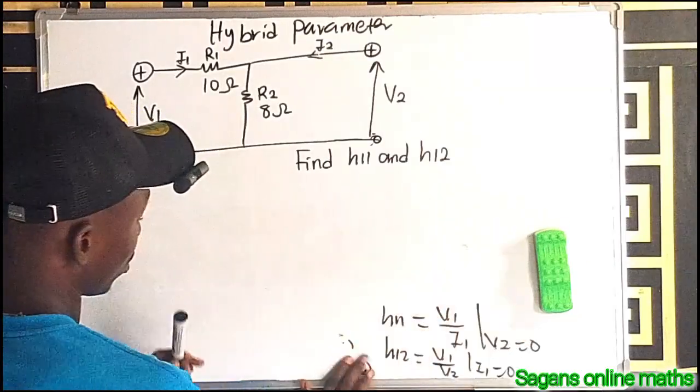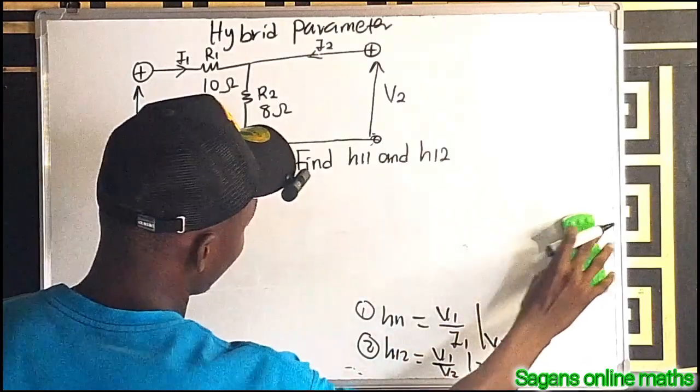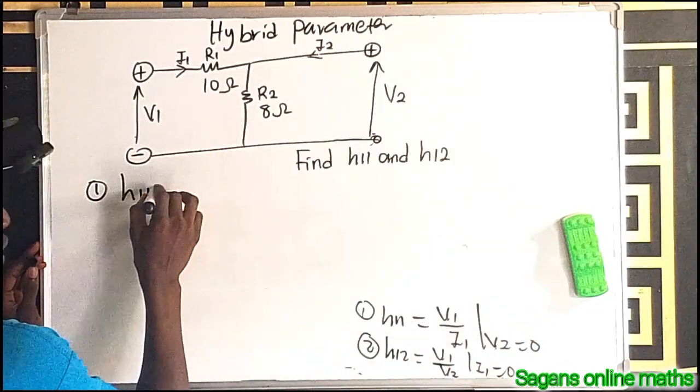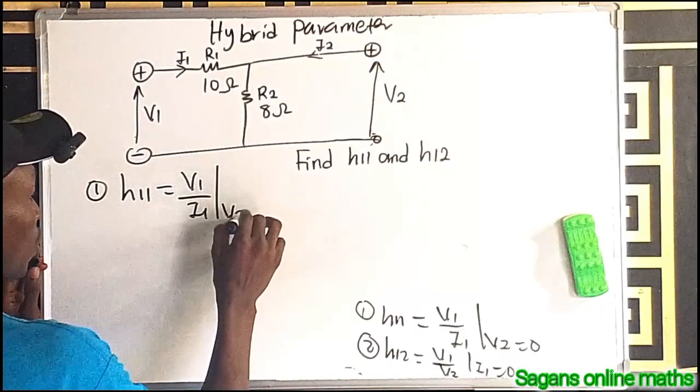Now, this is 1. This is 2. Take note that h₁₁ is equal to V1 over I1, where our V2 is equal to 0.